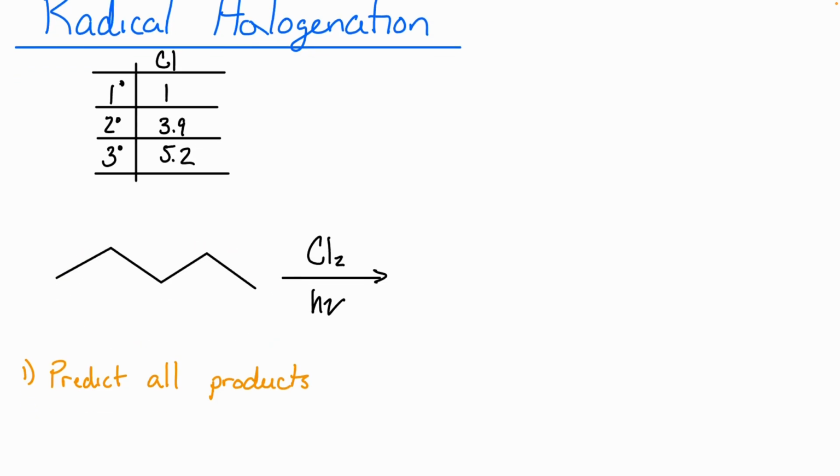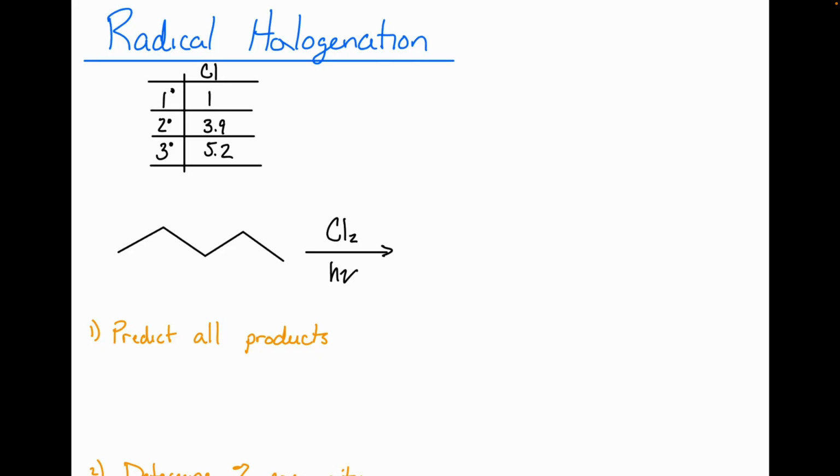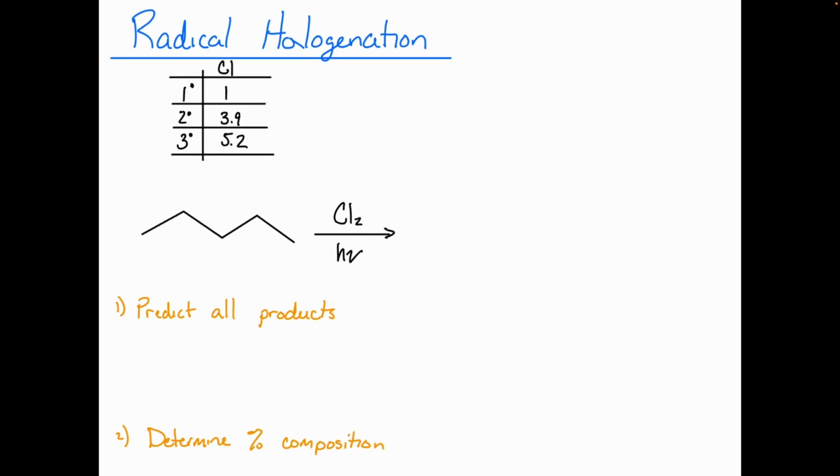All right, so step 1, we got to predict all possible products that we can get in these halogenation reactions. Remember, we can substitute any one of these hydrogens for a halogen, but only some will produce distinct products, others might fall into the same category. So step 1 is to figure out how many distinct products we get from our radical halogenation reaction.